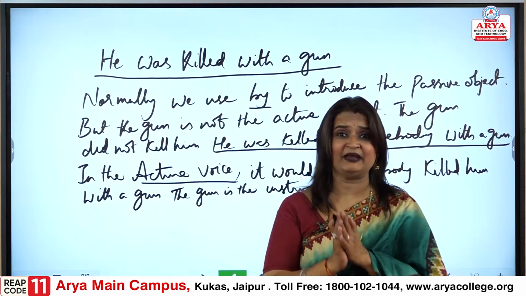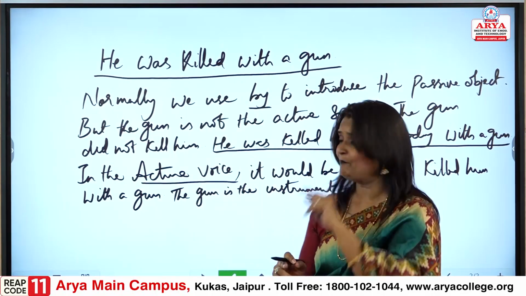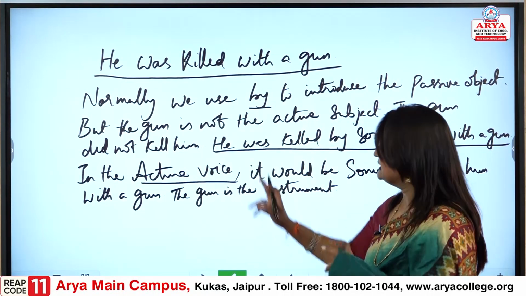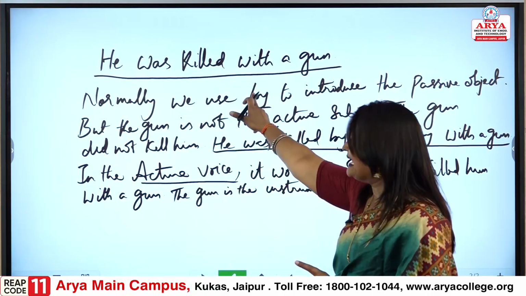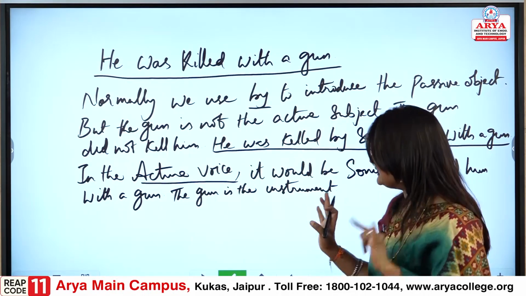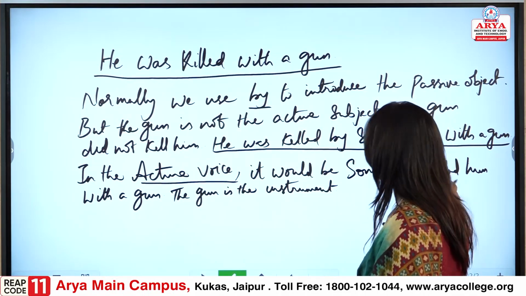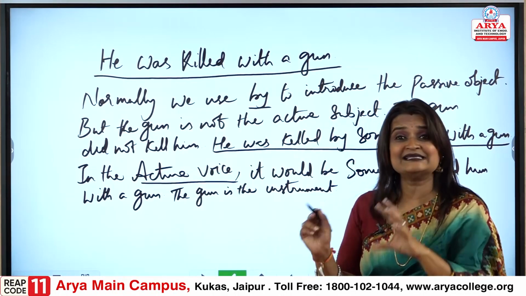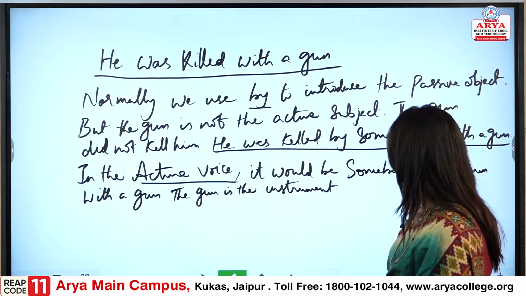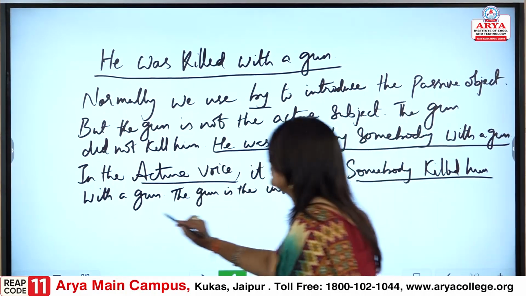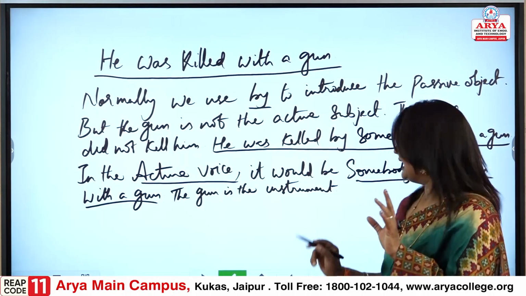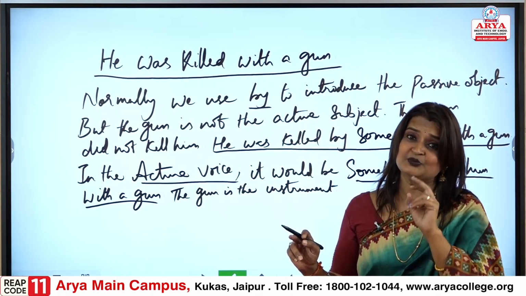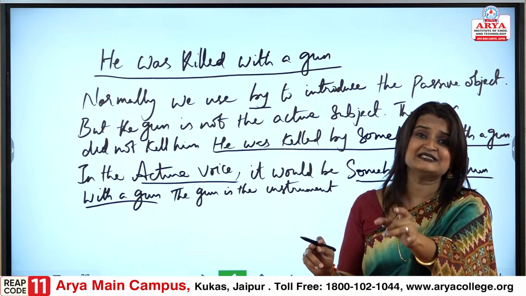This is the passive voice, he was killed with a gun, and in the active voice it would be somebody killed him with a gun. Who that somebody is, we don't know, but somebody killed him with a gun, and the gun is the instrument with which he was killed.